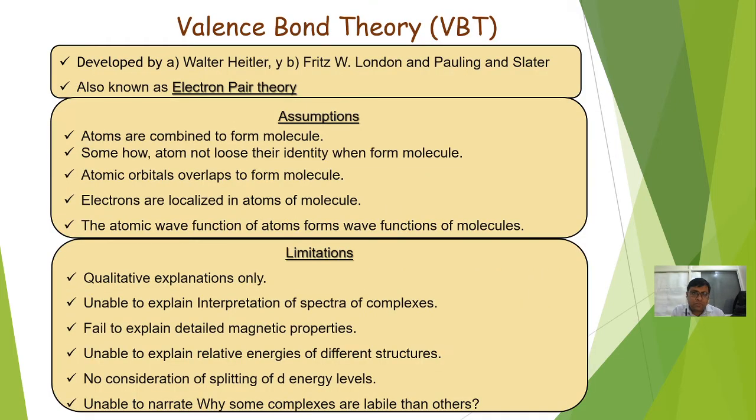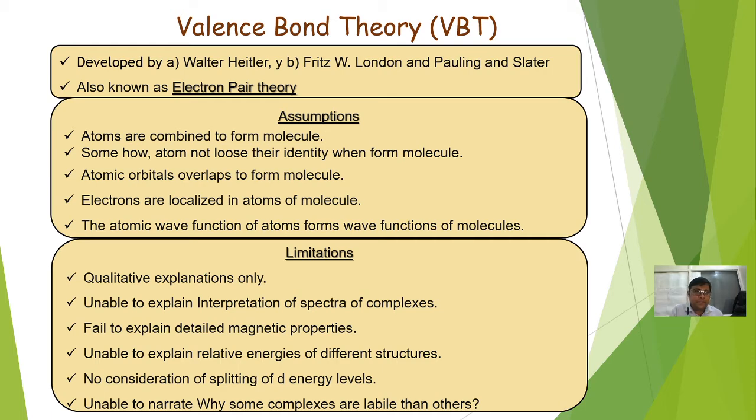What do you mean by linear combination? Linear combination means atomic orbitals of the same size and same energy, if combined, are called a linear combination of atomic orbitals.